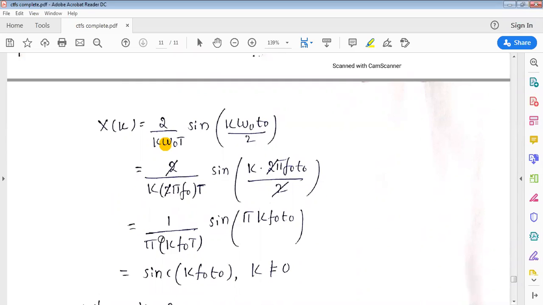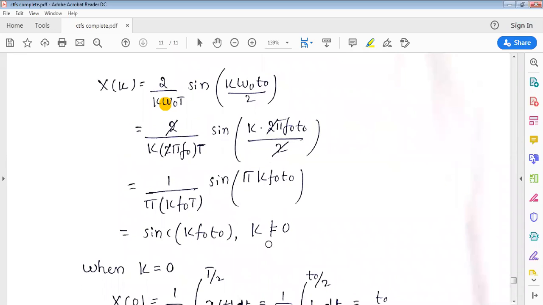I have 1 by pi k f naught t into sine of pi k f naught t naught. I will write this as sine of pi x by pi x, sinc of k f naught t naught.